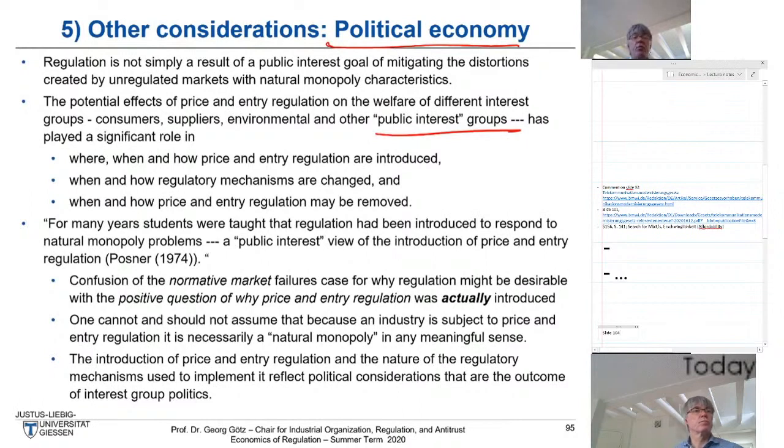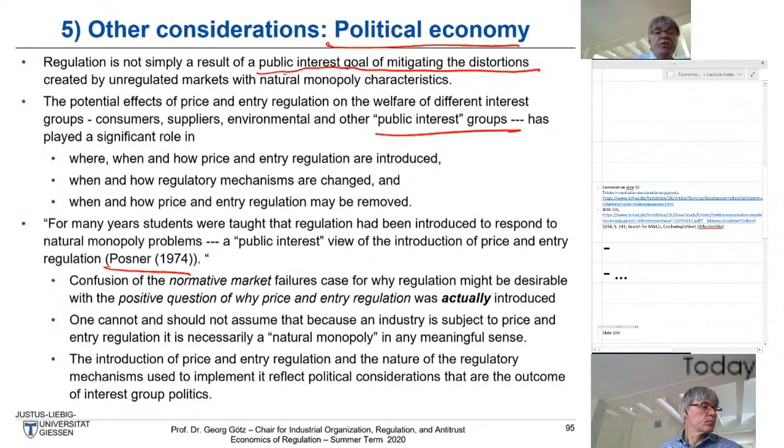Okay, why do we not have Uber? Because we have a strong taxi lobby, which tries to prevent entry, which tries to guarantee their rents and so on. The point is here, and that's what Posner and Stigler and others and Demsetz already showed in the late 60s, early 70s, is that actual regulation is often not the result of a public interest goal of mitigating the distortions, but the effect of lobbying.